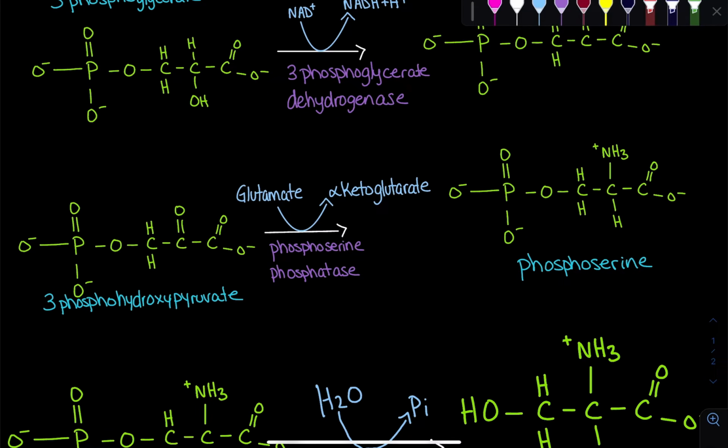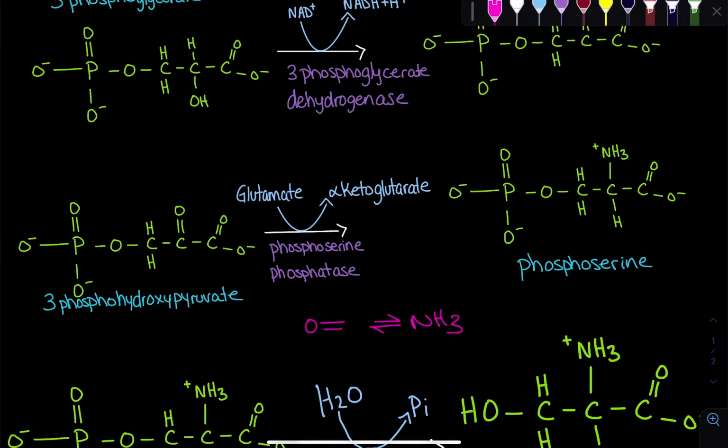Now the next step is we have to add that amino group. Well, now we are able to add that amino group from glutamate. So glutamate will act as the amino group donor, and when glutamate donates its amino group, it's converted into alpha-ketoglutarate. In biochemistry, we often see the interconversion between double-bonded oxygens and NH3s.